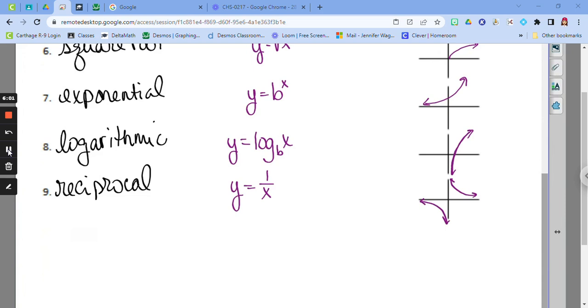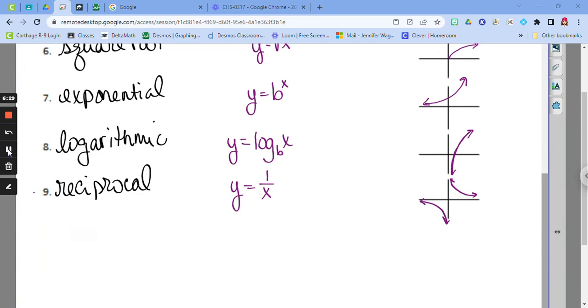So 7, 8, and 9, those are often confused for each other. Exponential equations approach a horizontal line. Logarithmic equations approach a vertical line. And if you see two curves, that's your reciprocal function, where you have the variable in the denominator. It's the only one that does that. Okay.